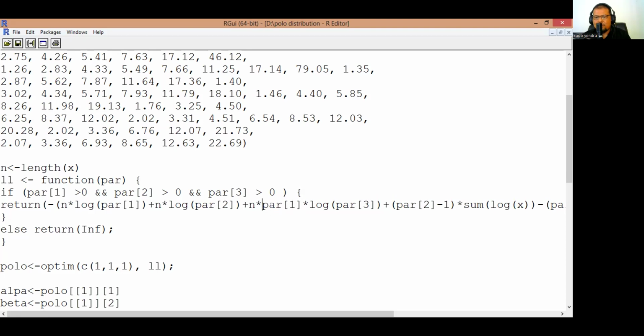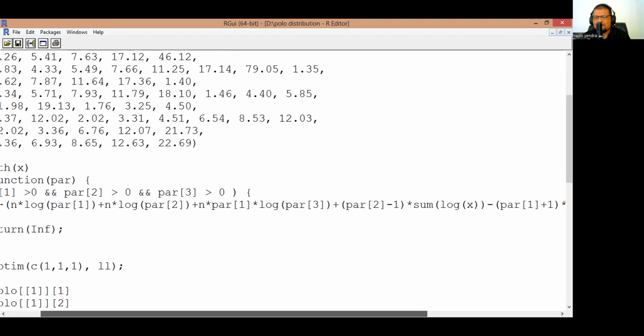Then we put the parameters. Parameter one means alpha. Parameter 3 means lambda. Parameter 2 means beta. So we have typed the right log likelihood.